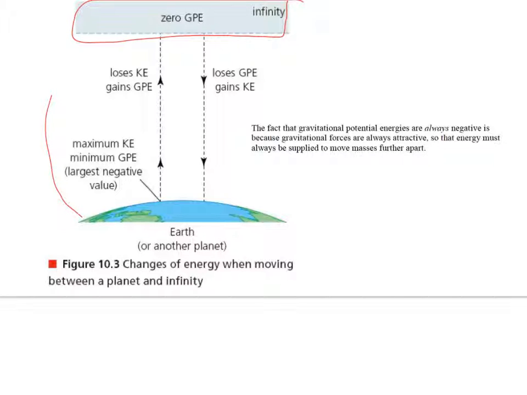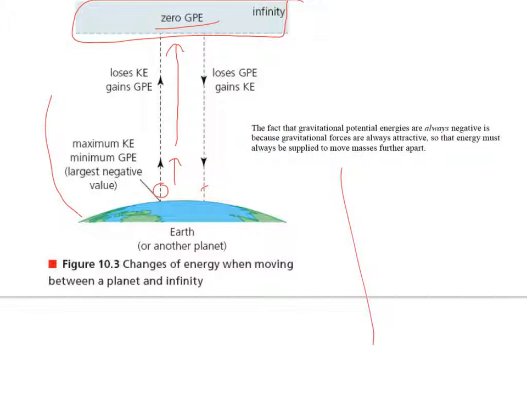Now, it's fairly easy to understand that as you raise an object up, its gravitational potential energy must increase. But it has to increase up to a maximum of 0.